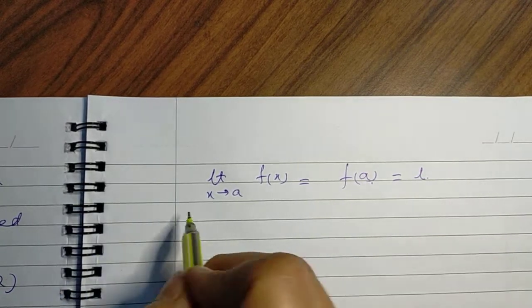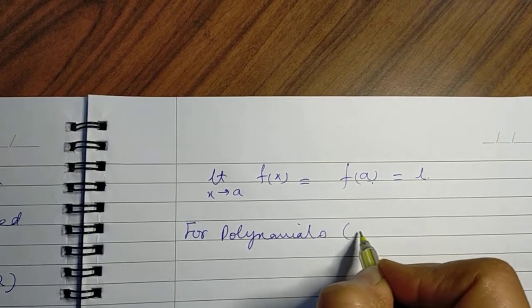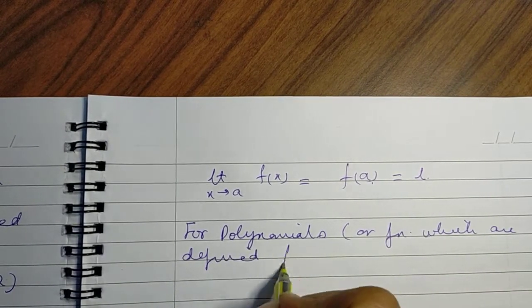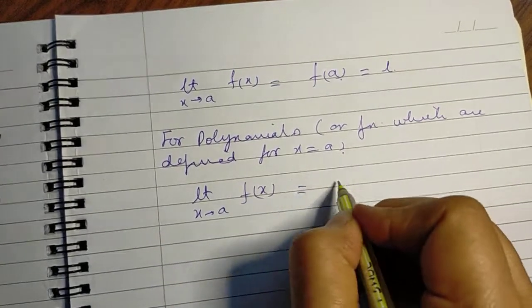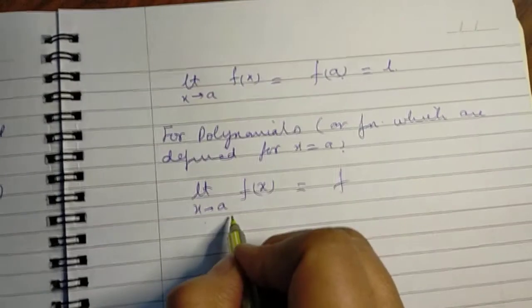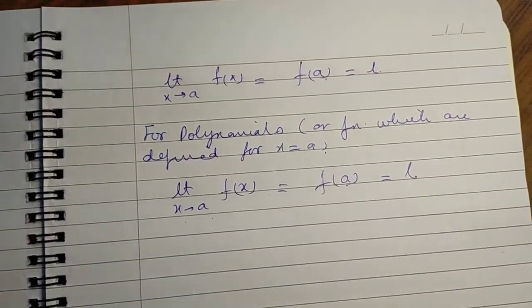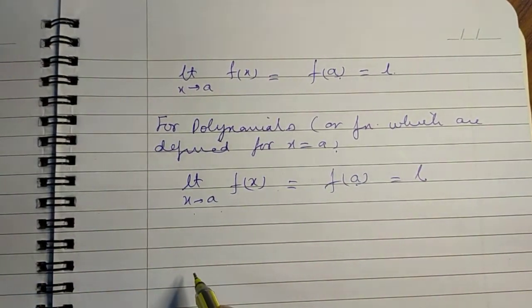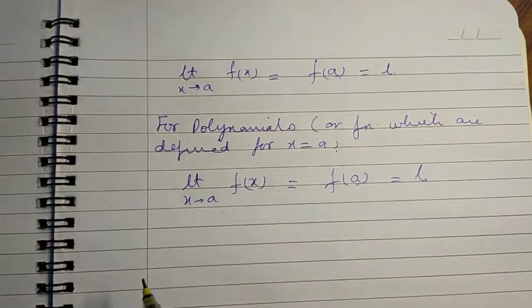Okay, so for polynomials or for functions which are defined for x equal to a, the limiting value of f(x) as x tends to a is the same as the value of the function, which we could write as L. Whereas for rational functions which are not defined at some point, you may have to do something, and limits are used.